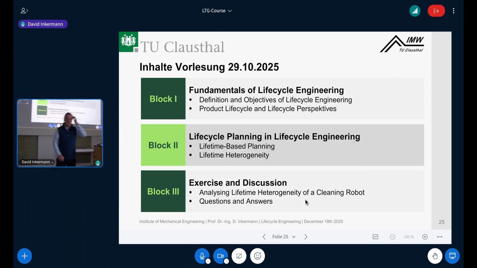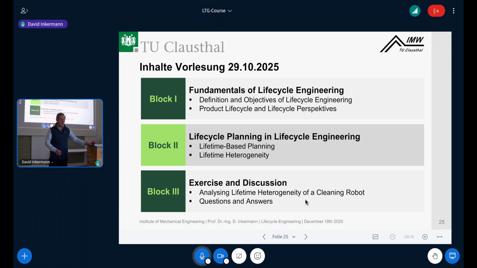Okay, that is the first part of the lecture, considering some fundamentals of life cycle engineering. And I now would like to go to the more practical part, that is also considering the question, how can we plan these life cycles? I have prepared, on the one hand, an understanding of this life cycle planning activity, but also the concept of lifetime heterogeneity.